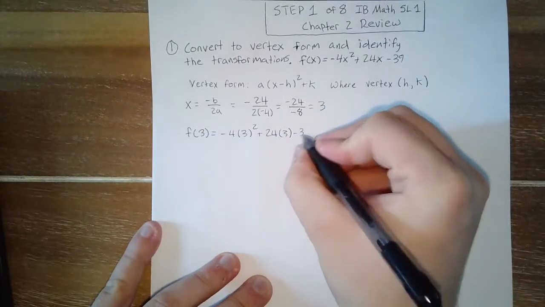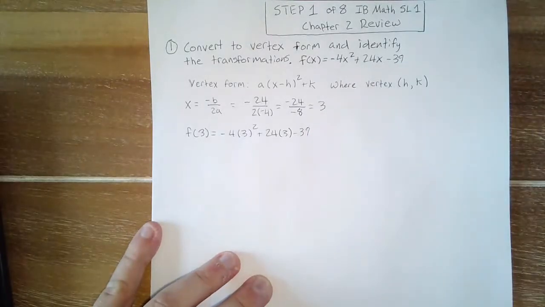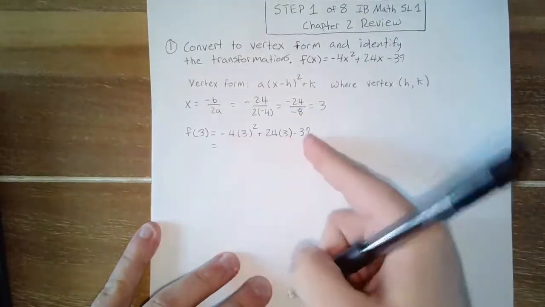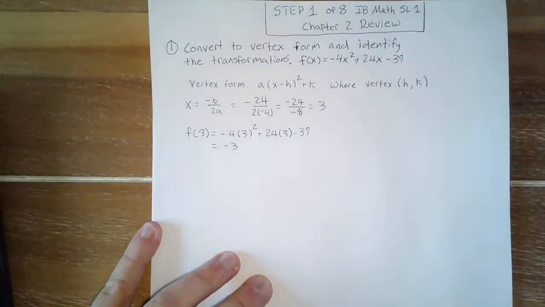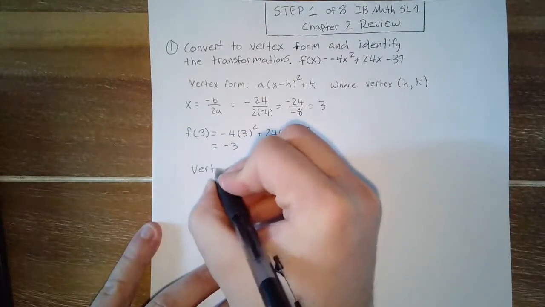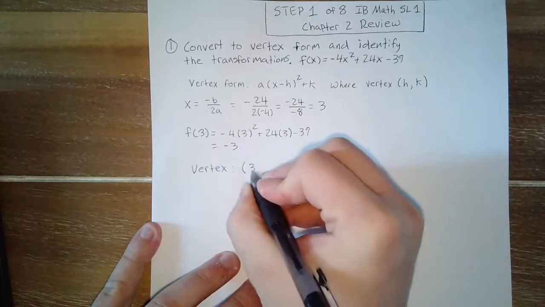So I'm just plugging this value of 3 in for x into my function. When I plug all of this into my calculator, this is going to give me negative 3. So our vertex is going to be 3 comma negative 3.